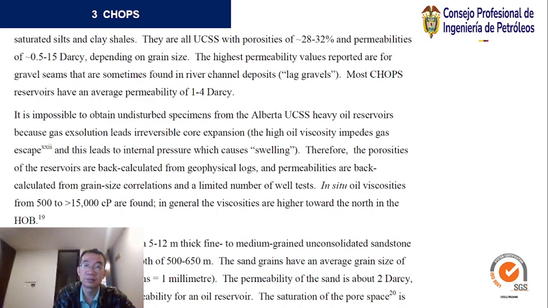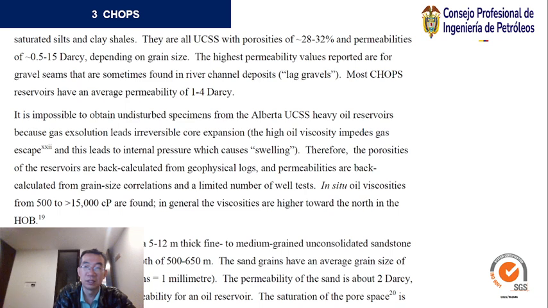The highest permeability values reported are for gravel seams that are sometimes found in river channel deposits. Most CHOPS reservoirs have an average permeability of 1 to 4 darcies. It is impossible to obtain representative core samples from Alberta UCSS heavy oil reservoirs because gas exsolution leads to irreversible core expansion.